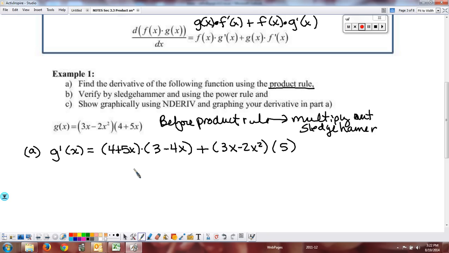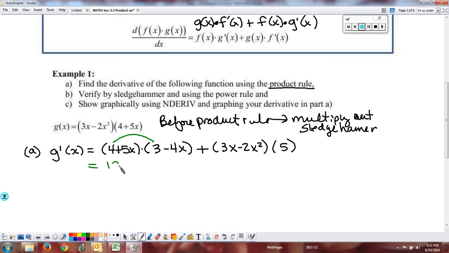Now, usually you're going to have to simplify this. So I'm going to put this in a different color just to show you that you don't necessarily need to in this problem, but I want to verify to you that you're going to get the same result in the end. So what I'm going to do here is I'm going to distribute this out, I'm going to sledgehammer it. And you'll see why in a second, just to verify the two derivatives are the same.